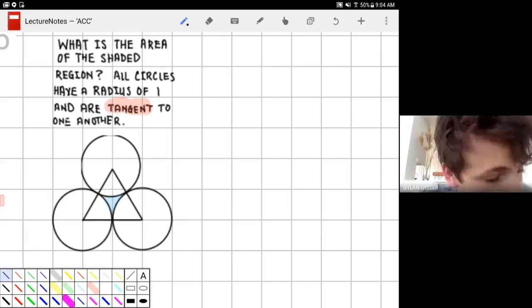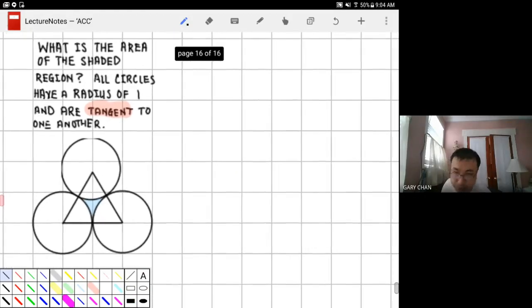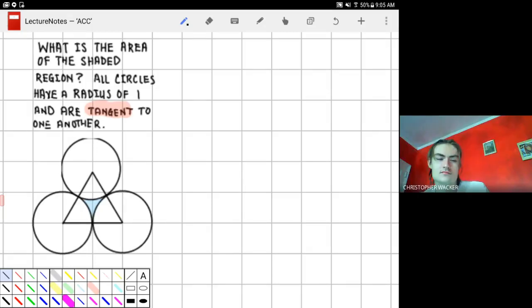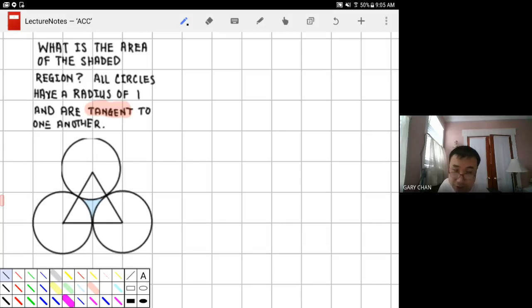You're right. For two things to be tangent to one another, that implies that the two objects are touching one another in a unique way. They're touching one another at one point and one point only. So let me write that vocab word up.